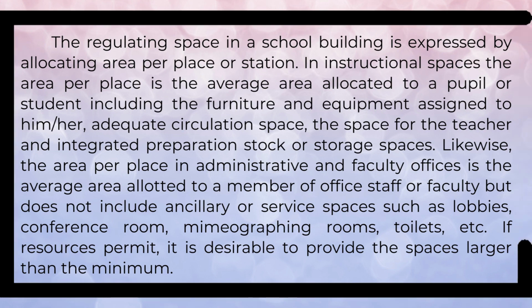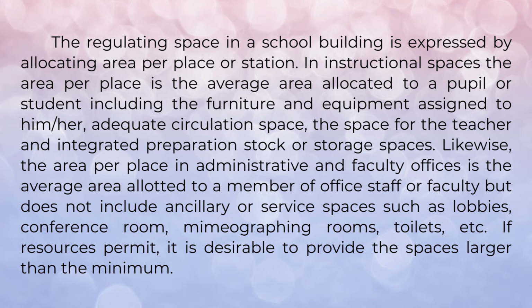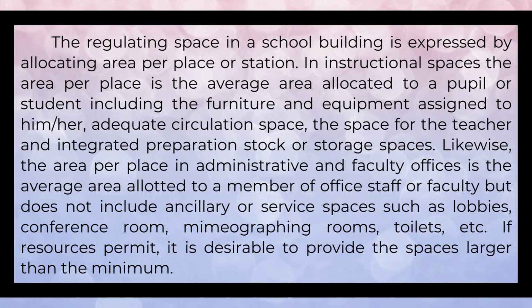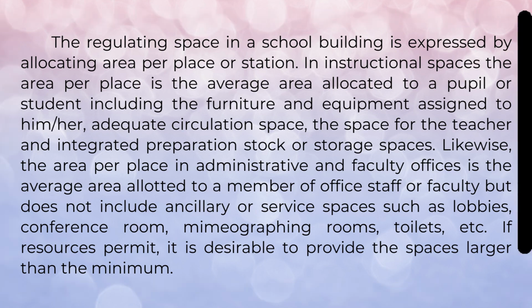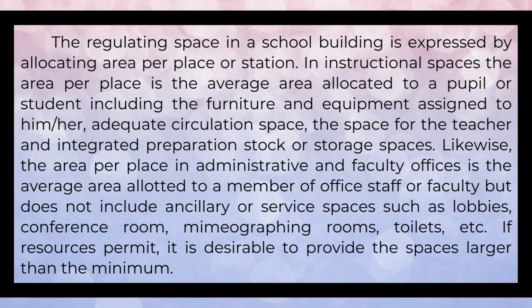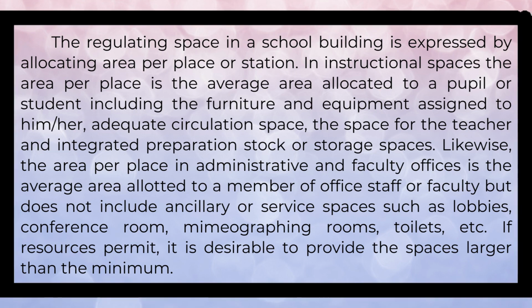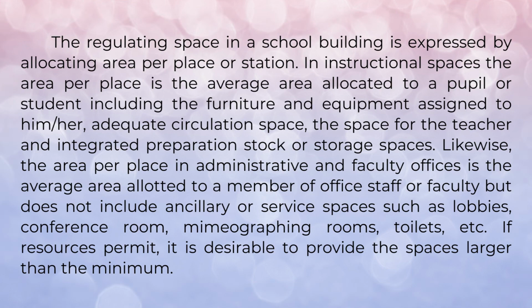Likewise, the area per place in administrative and faculty offices is the average area allotted to a member of office staff or faculty but does not include ancillary or service spaces such as lobbies, conference room, mimeographing rooms, toilets, etc. If resources permit, it is desirable to provide spaces larger than the minimum.